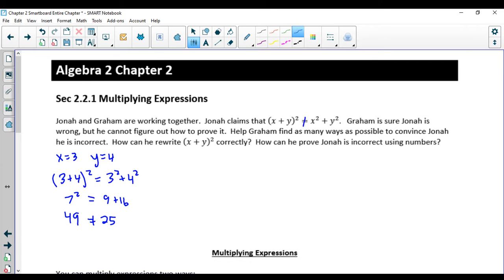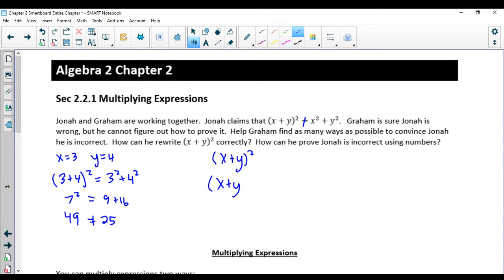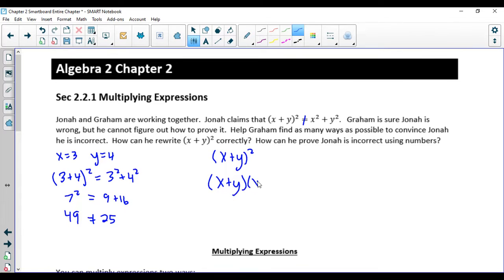So what does (x + y) squared really equal? Remember, anytime you square something, you're going to be multiplying it by itself. So what (x + y) squared really means is (x + y) times itself, which would be another (x + y).